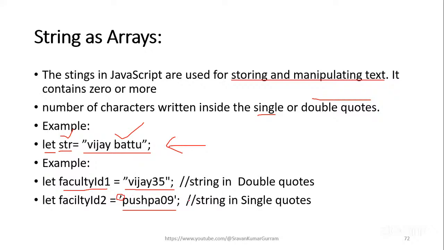This is also valid. So finally, you must understand that a string constant means a string value. A string value must be enclosed within single quotation marks or double quotation marks. Both are valid in JavaScript.